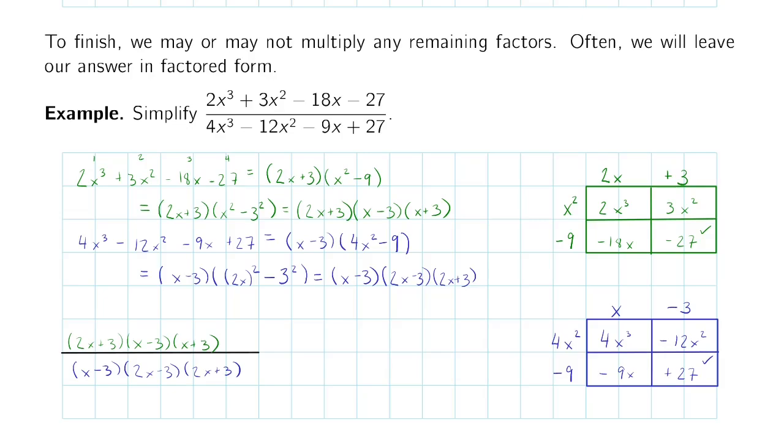Looking through for common factors, 2x + 3 appears in the denominator. x - 3 appears in the denominator. No x + 3 in the denominator. No 2x - 3 in the numerator. My rational expression simplifies to (x + 3) over (2x - 3). The only way to find that out was by looking at the factors.